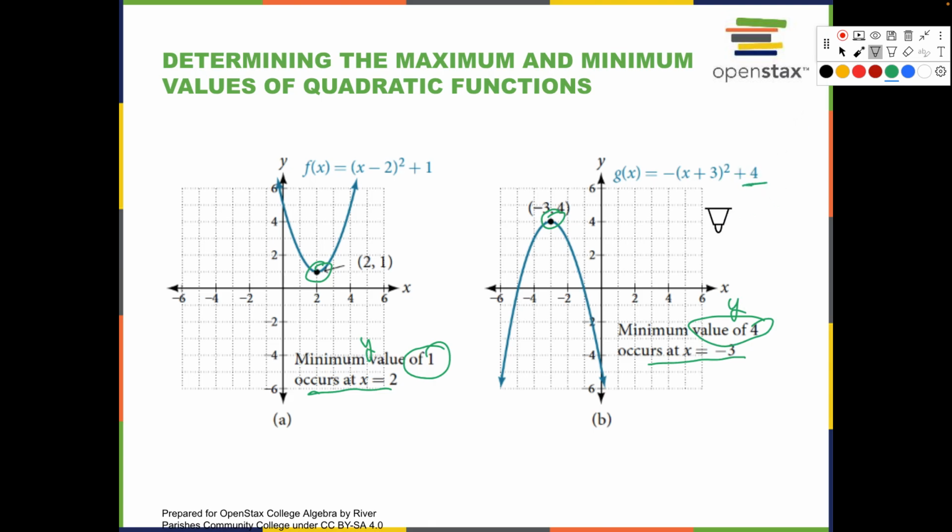Okay, so that's the value. This gives you the location. That gives you the value. The x-coordinate gives you the location. But remember, the x-coordinate is always the opposite sign because it's a transformation inside the function.